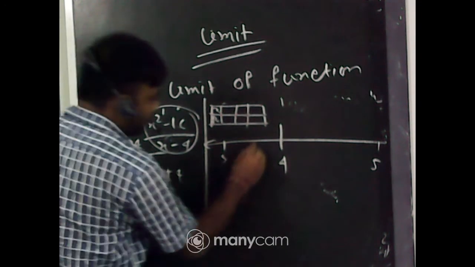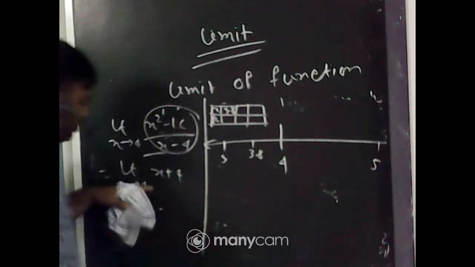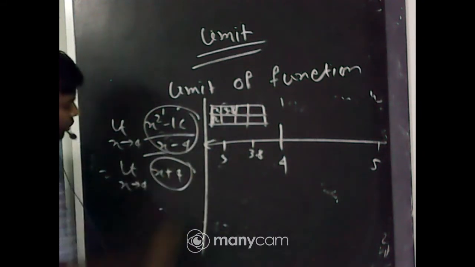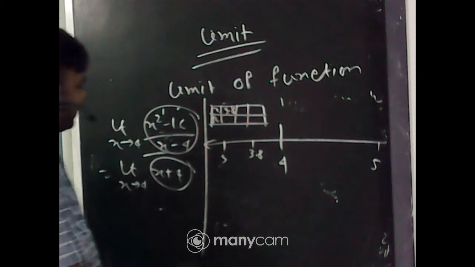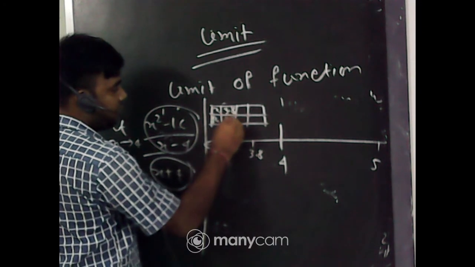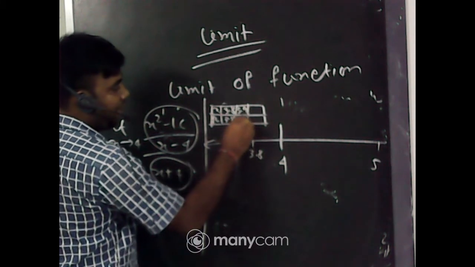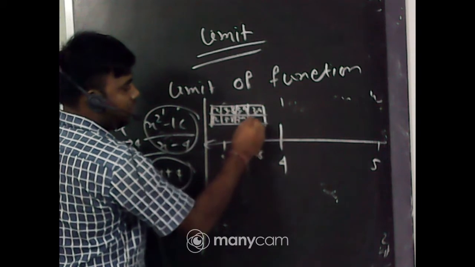Now take x equal to 3.8. What will be the value of f(x)? If you put 3.8, it will be 3.8 plus 4, that is 7.8. Next 3.9, it will be 7.9. 3.99, it will be 7.99.